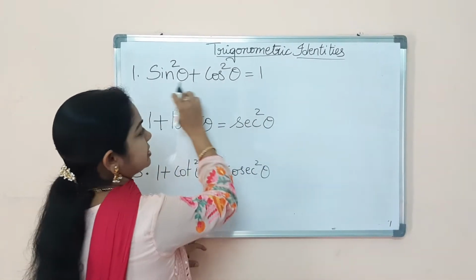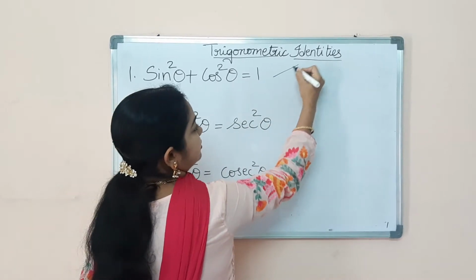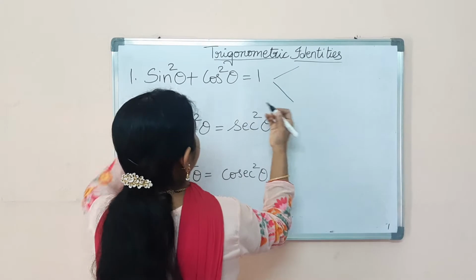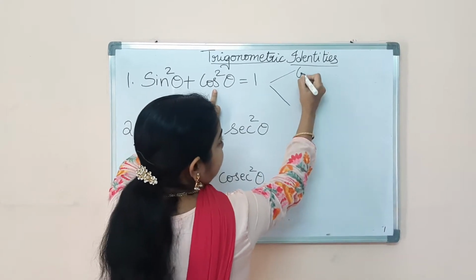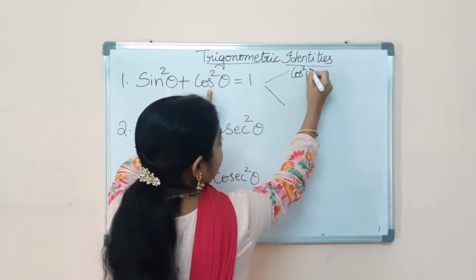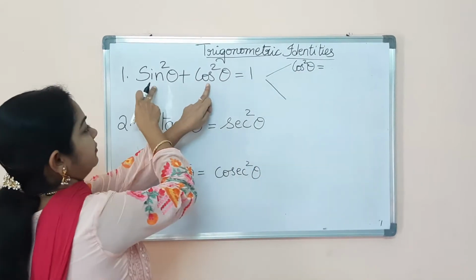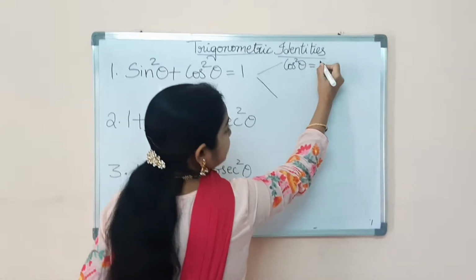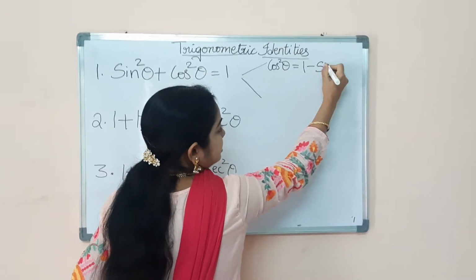From the first identity, we can deduce two more equations. If I take cos square theta, we will send the sin square theta to the other side of the equation: 1 minus sin square theta.